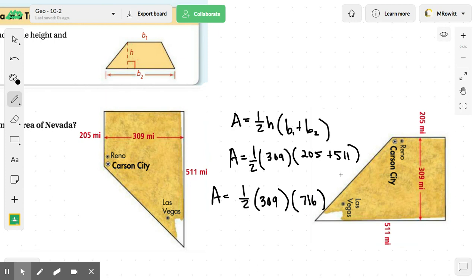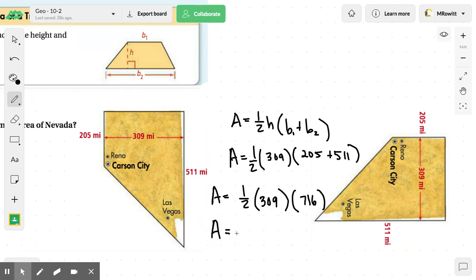And granted, you could also plug all this in your calculator, just making sure you got the parentheses in the right spot. So only the 205 isn't getting multiplied by the 309, right? Your calculator always does exactly what you tell it to do. If it gets it wrong, it's because you told it to do the wrong thing. So I've got half times 309 times 716, which gives me a gigantic number, which makes sense because I'm trying to find the area of a state.